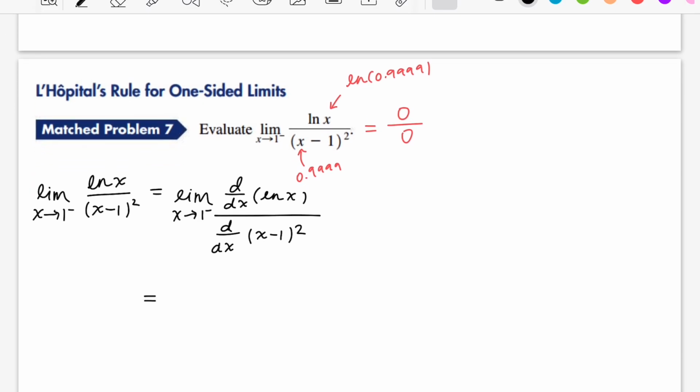Alright, we know that the derivative of ln x is 1 over x. And here we have to use chain rule. So our outside function is a power function to the power 2. So that 2 is going to come down in front, and that is being evaluated at the inside function x minus 1. Then we have to multiply by the derivative of the inside function, which is just 1.